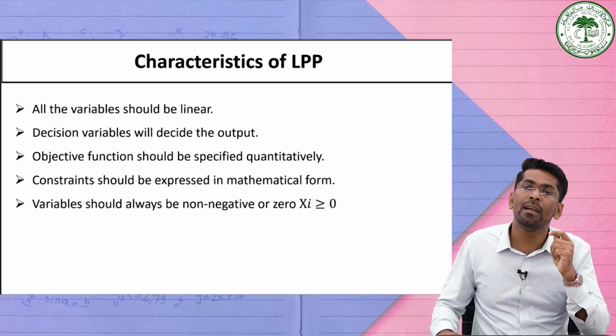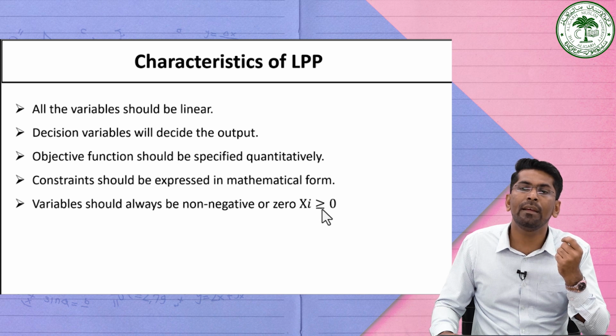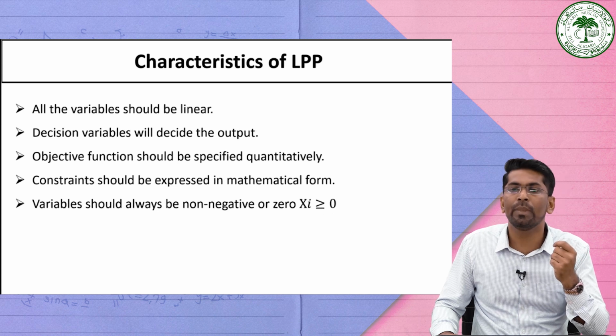Mathematically, for a decision variable xi, the non-negativity constraint is xi is greater than or equal to 0, and it cannot be negative.